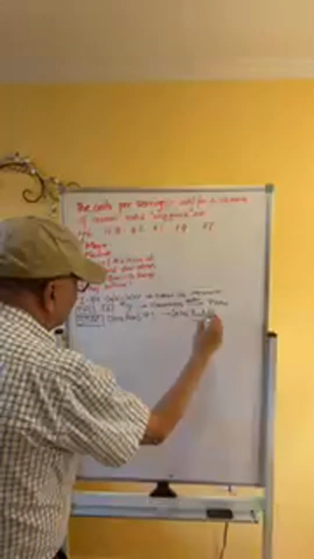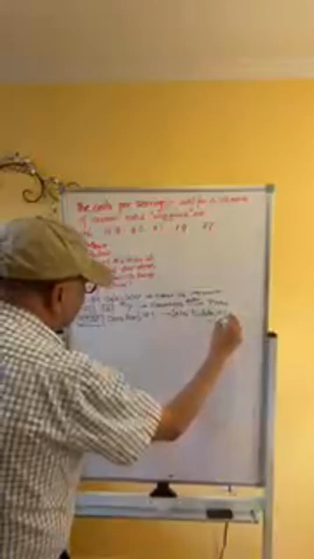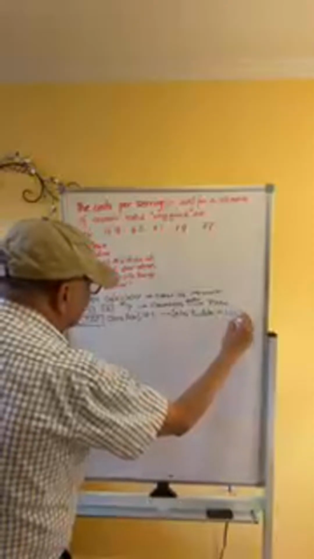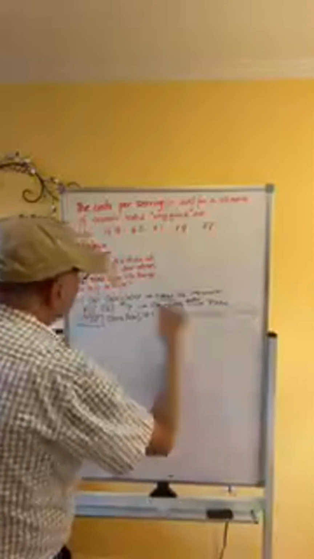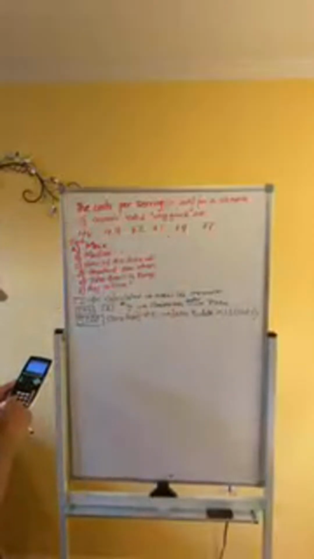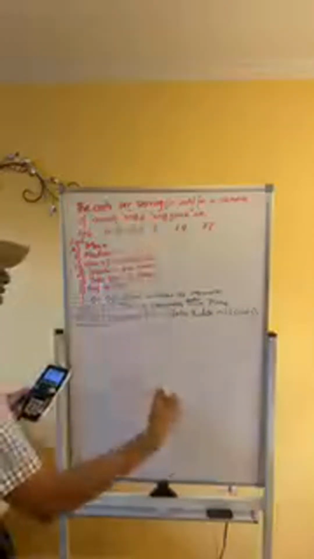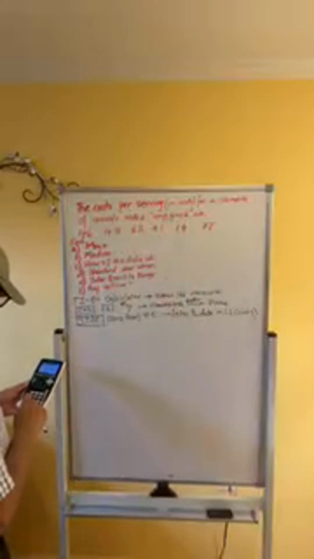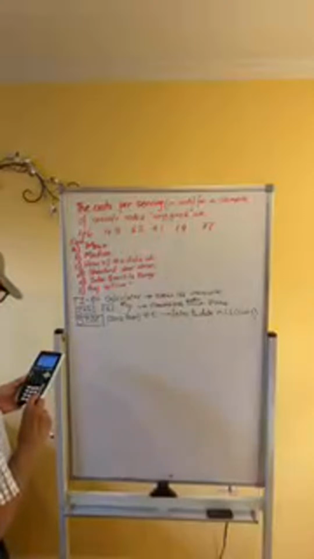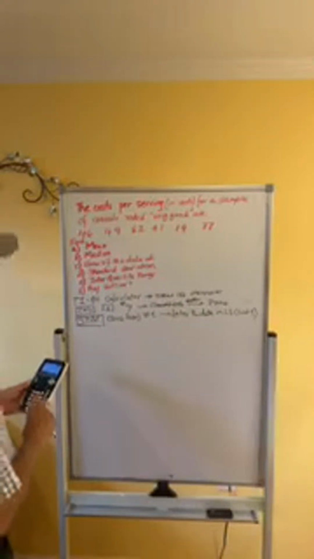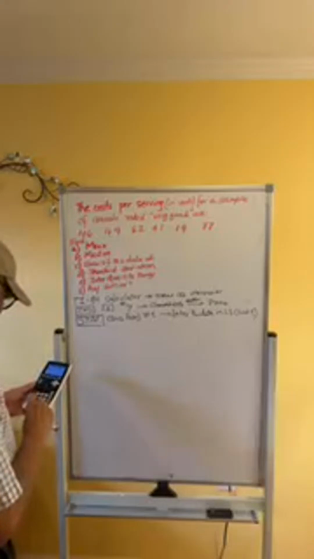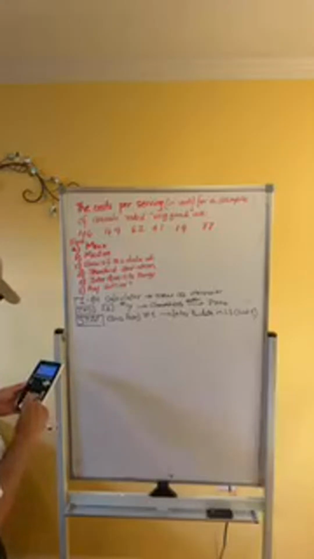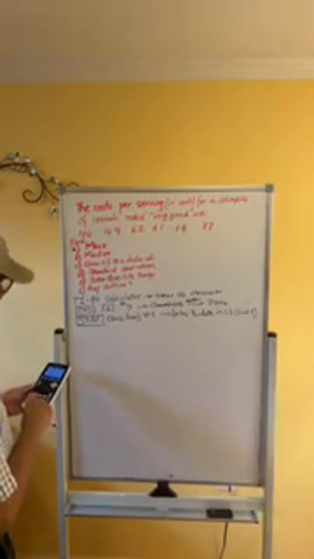L stands for list 1. You type one after another in the same column: 46, enter. 49, enter. 62, enter. 41, enter. 19, enter. And 76, enter. So I have entered the 6 data points in L1.